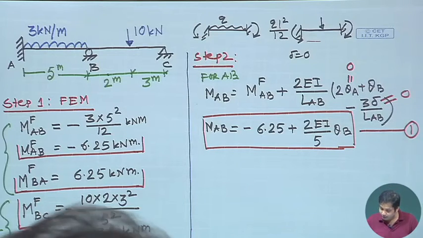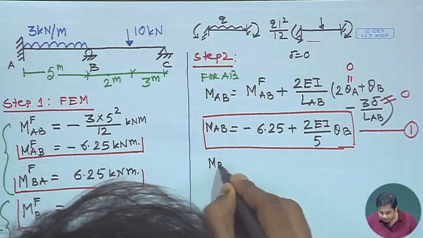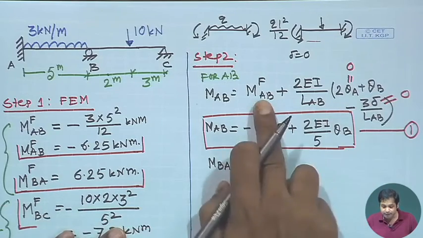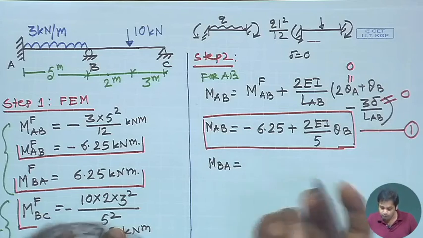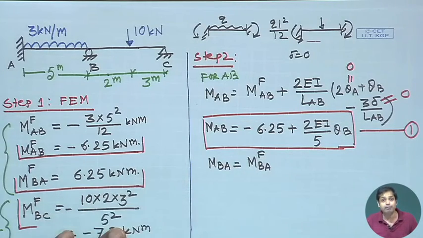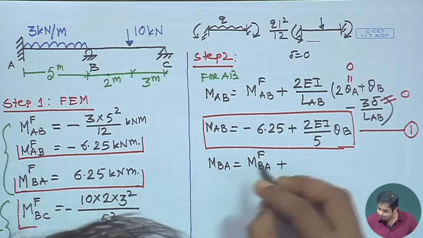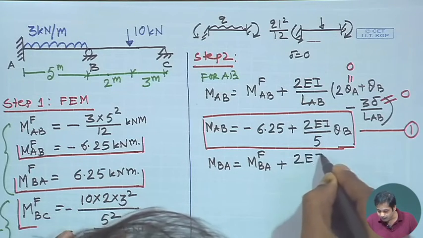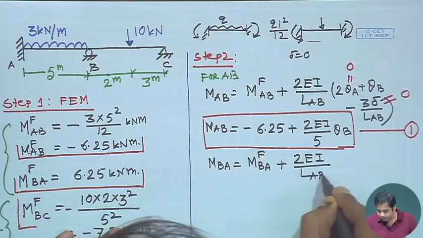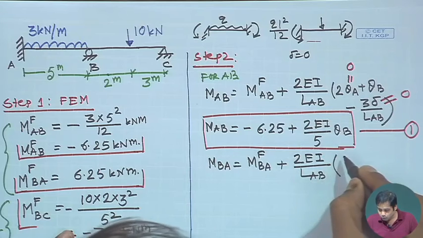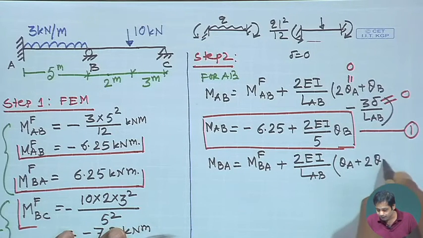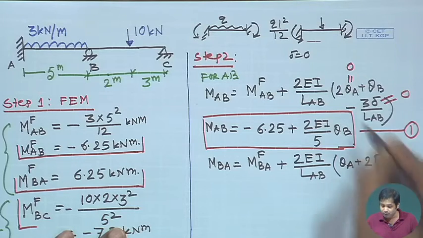Now, similarly, we can have MBA. MBA will be the same thing: fixed end moment at B, MBAF, plus 2EI by LAB into (theta A plus 2 theta B). Delta I am not writing here because delta is 0.